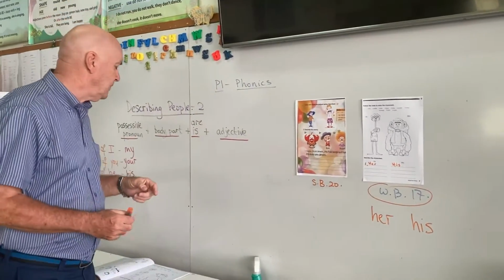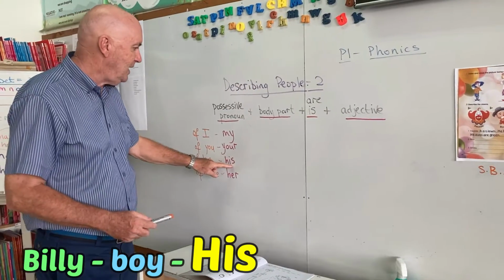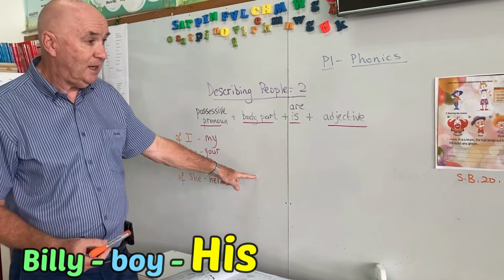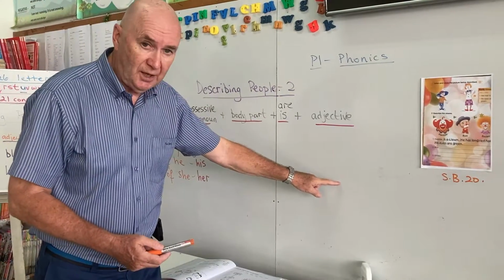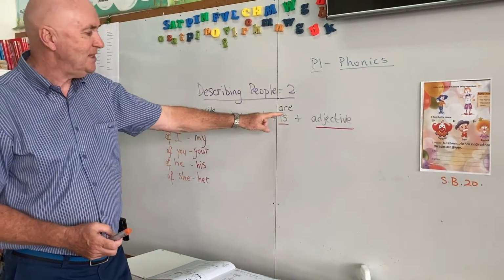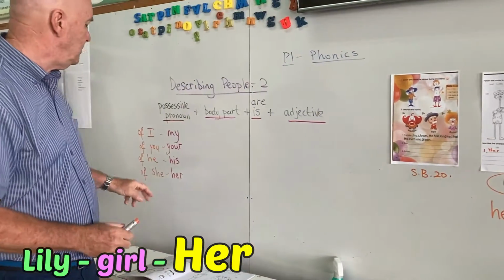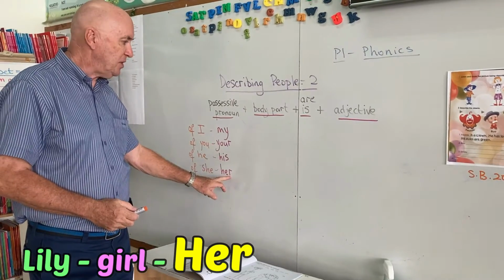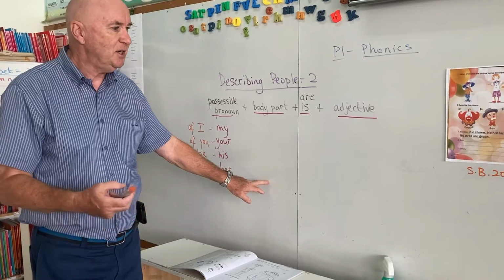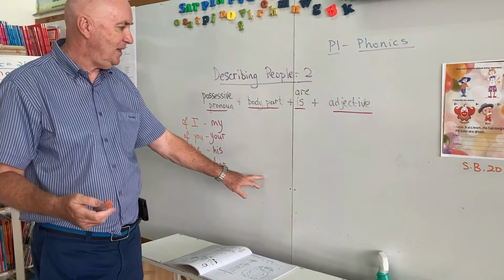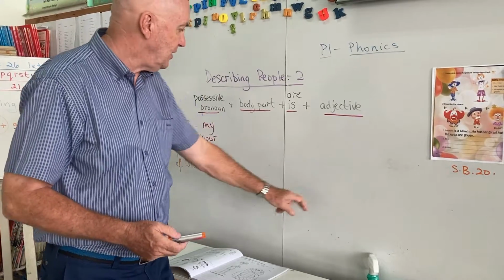Let's look again. So it's going to be, we're talking about Billy, his, then arms, legs, eyes, nose, and then the colour. One is, more than one are, and then Lily, the girl, we're going to use her, and then what body part, her eyes, her nose, her legs, her arms, her hair, is for one, are for more than one, and then the colour.